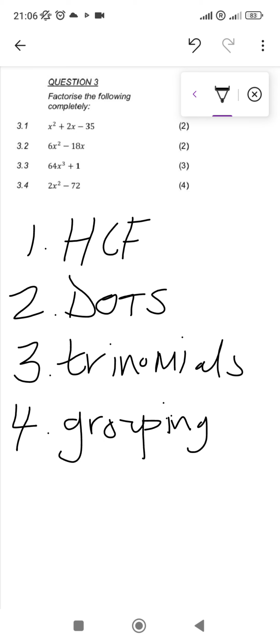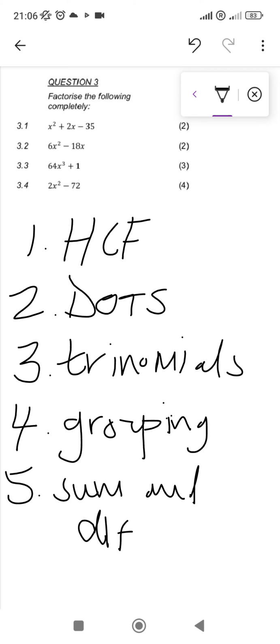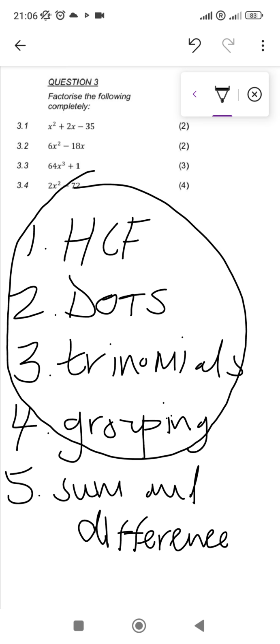And then this year we've added the sum and difference of cubes.